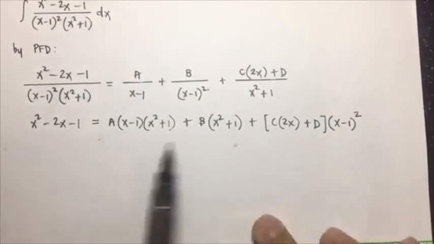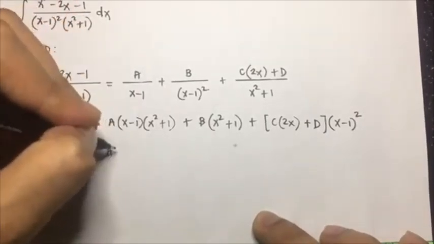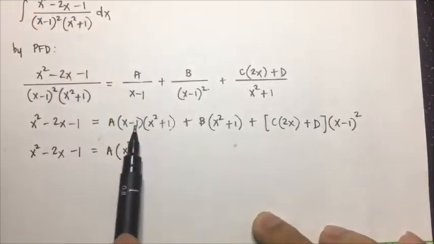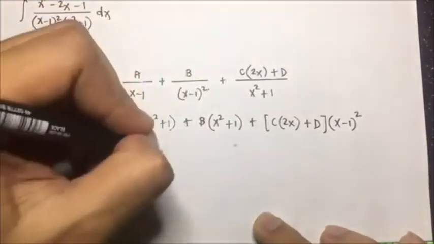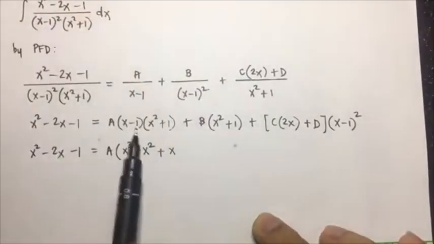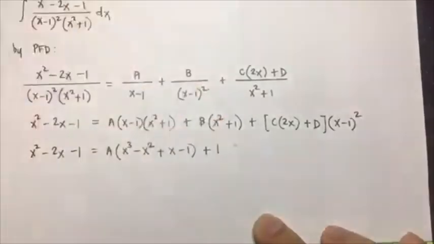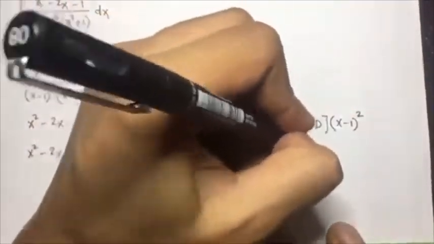Okay, and then let's expand this, so we will have x squared minus 2x minus 1 is equal to a, so multiplying this, x times x squared, that is x cubed, negative 1 times x squared, so minus x squared, x times 1 will have plus x, negative 1 times 1, so we will have minus 1, plus we have b times x squared plus 1 plus, expanding this first, c times 2x plus d times the expansion of x minus 1 squared, we will have x squared minus 2x plus 1.